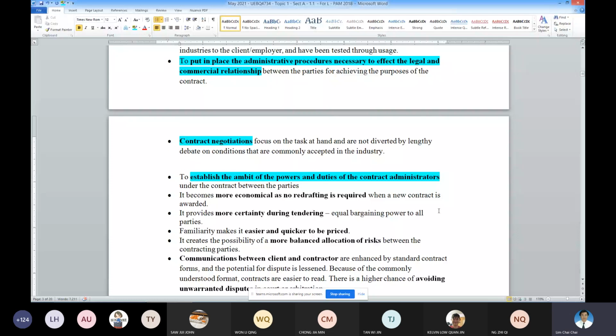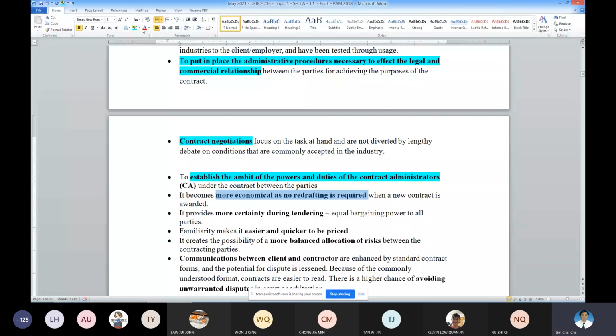Okay, so this is more focused on the contract administrator because this is a very particular key person. In short here is CA, the contract administrator, so that the contract can be administered properly.